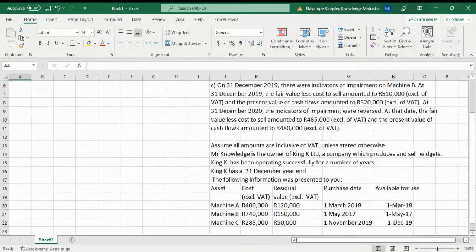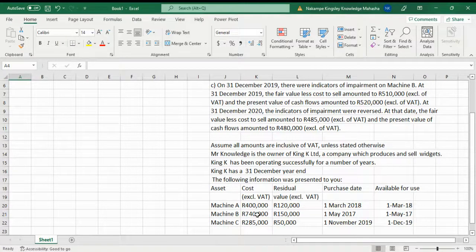So let's go to our information. They are talking about machine B. Machine B had a cost of 740,000, exclusive of VAT, and a residual value of 150,000 exclusive of VAT. This machine was purchased on the 1st of May 2017 and was available for use on the 1st May 2017.